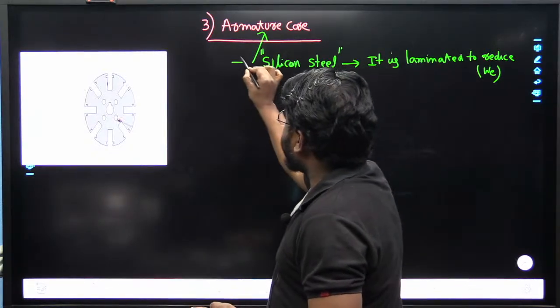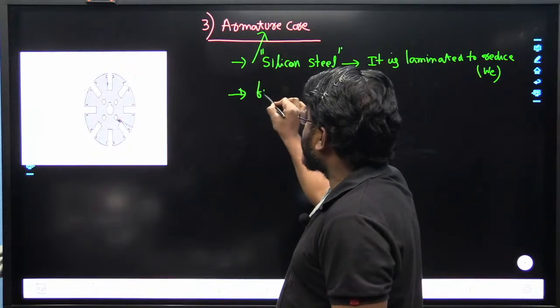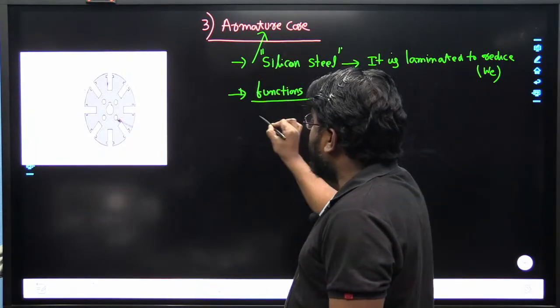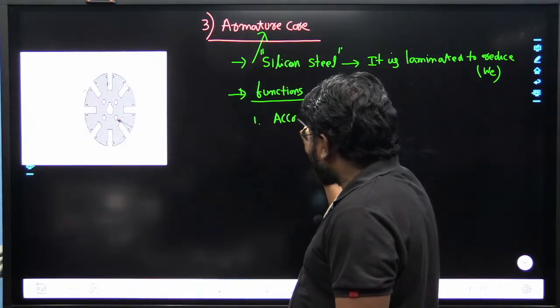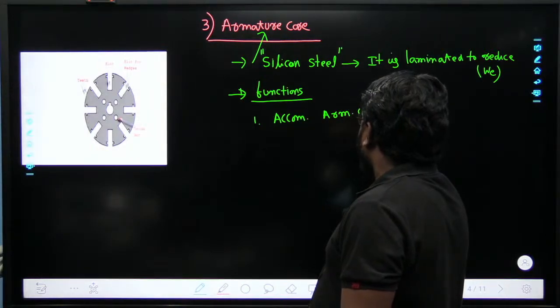And second, what are the functions of the armature core? We have two functions. The major one is that it accommodates the armature winding of the DC machine.